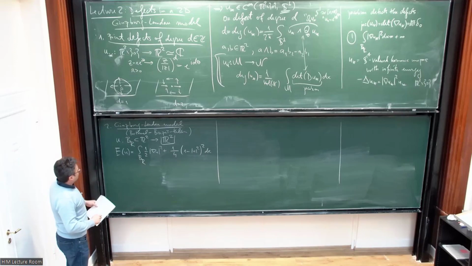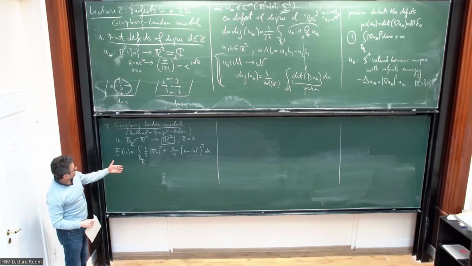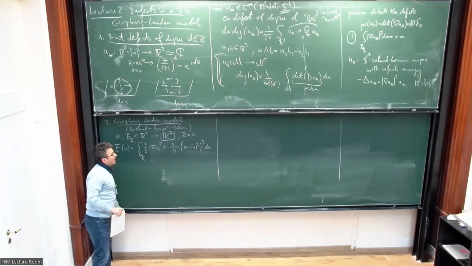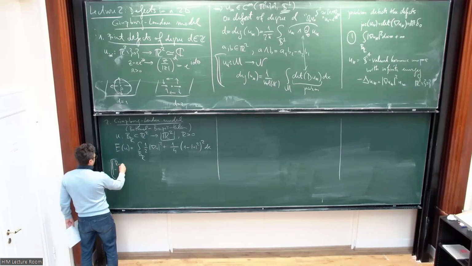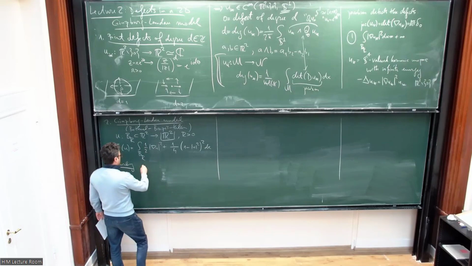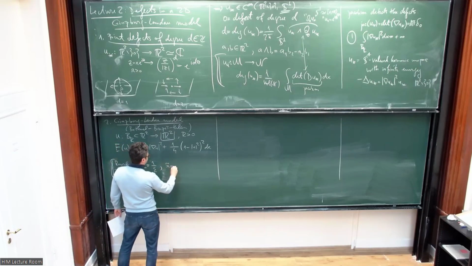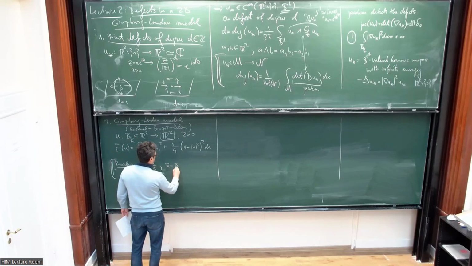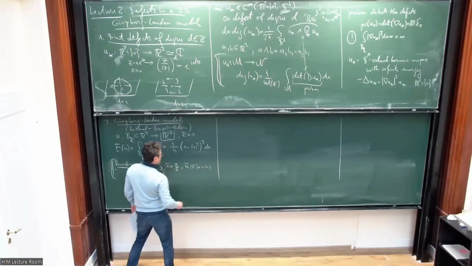Sometimes you see this in a different way, so let me give you directly the thing. If you do a rescaling, you should consider that R is large, so it's like 1/epsilon, and then you take x tilde to be x over R, and u tilde of x tilde equal u of x.